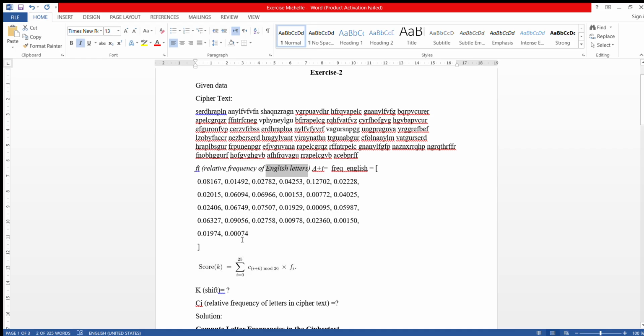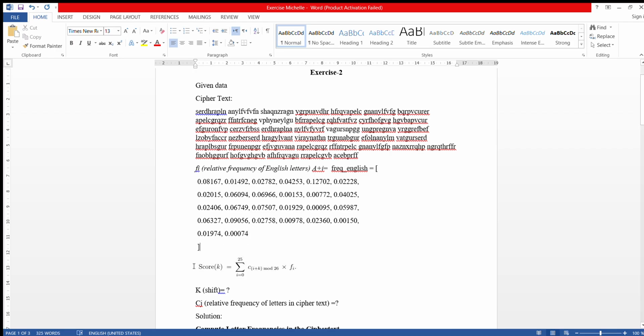It's a pre-calculated table in which the frequencies of all the letters are given, like this one for the letter A, then B, C, D up to Z.